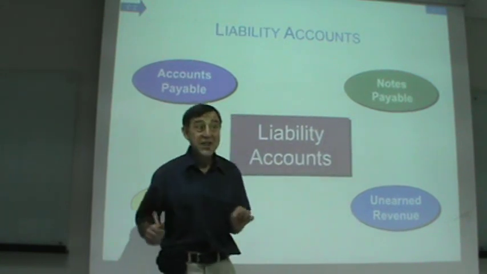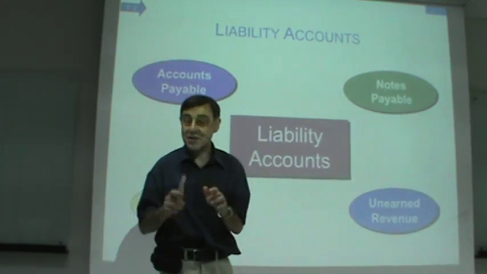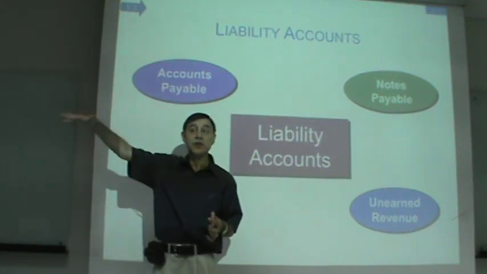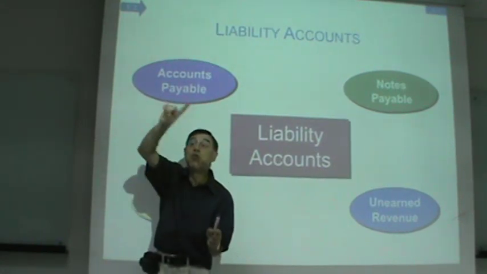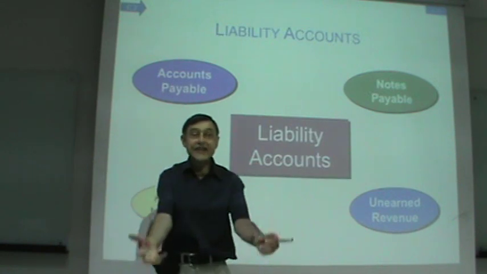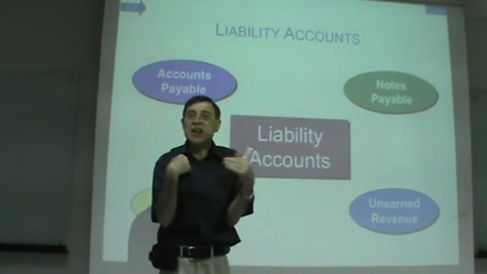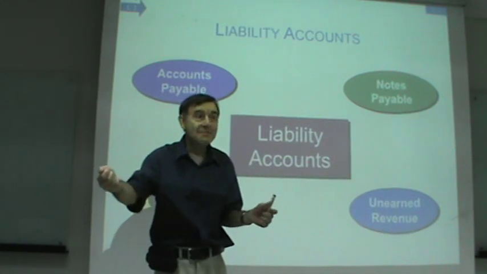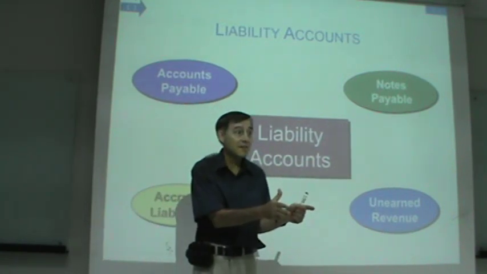The best simple example of unearned revenue is you pay your rent for 10 months to the university. Now, for the university, it's revenue, but they did not earn the revenue yet, okay? You pay them for 10 months, but you live there only one.